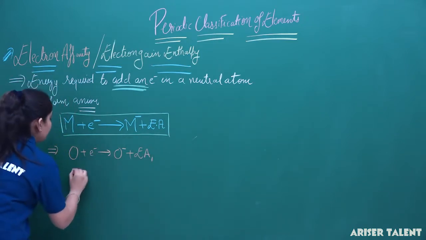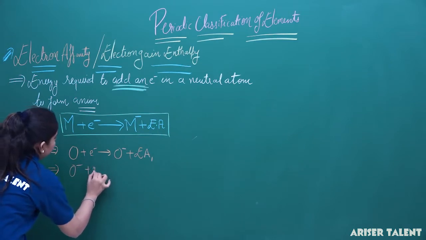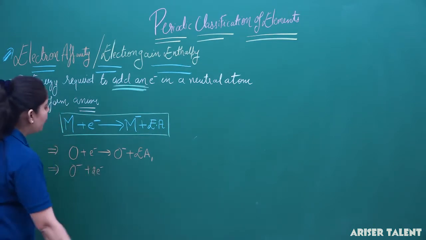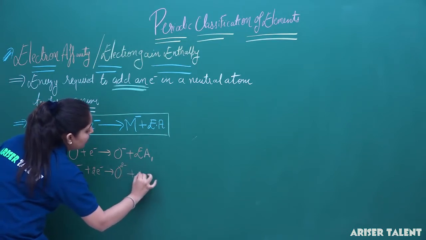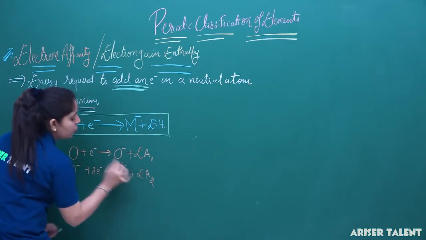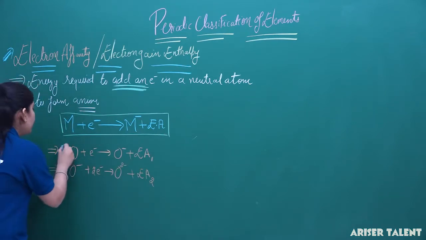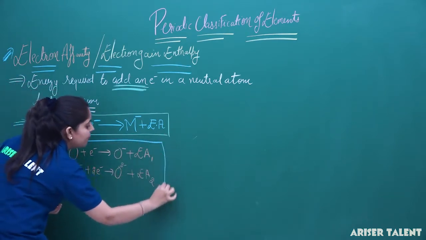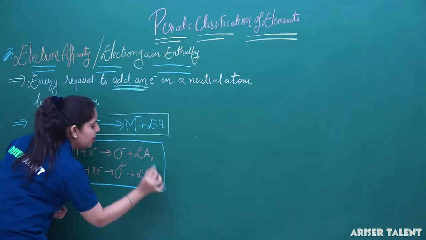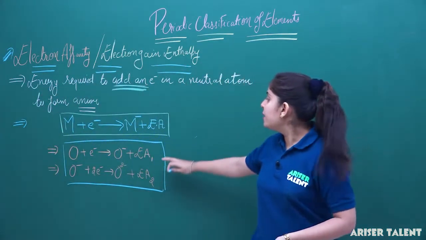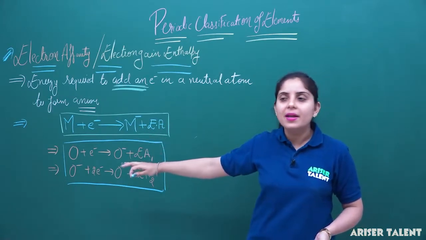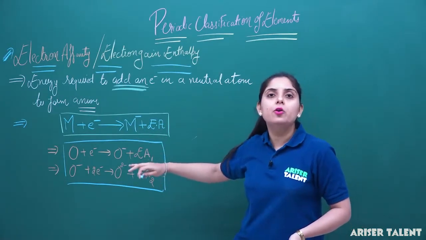If I am adding one more electron, what am I getting here? I am getting O2 negative plus EA2. It means 2 electrons have been added here. So in both processes, you can see that a different amount of energy is needed, but the electron affinity in the first case will be exothermic and in the second case it will be endothermic.